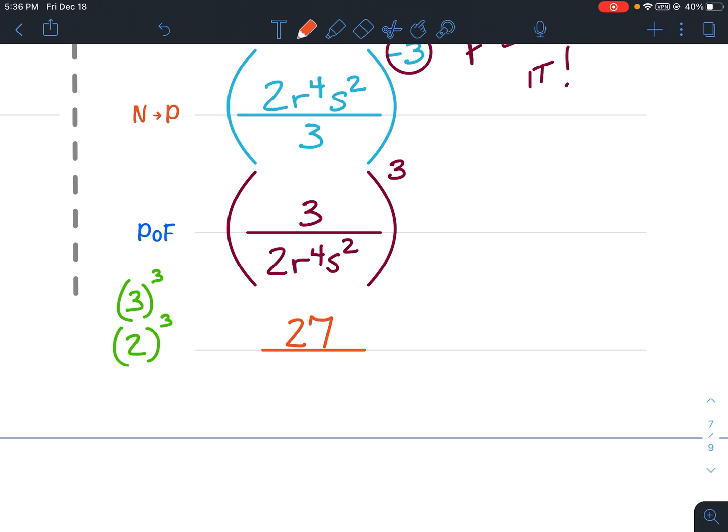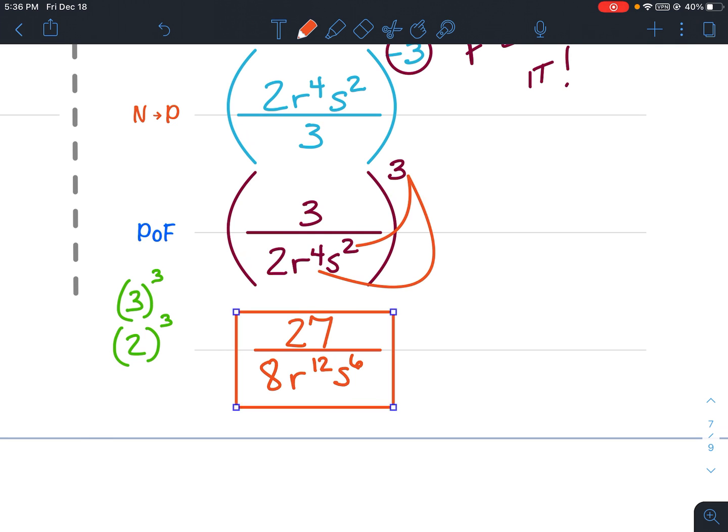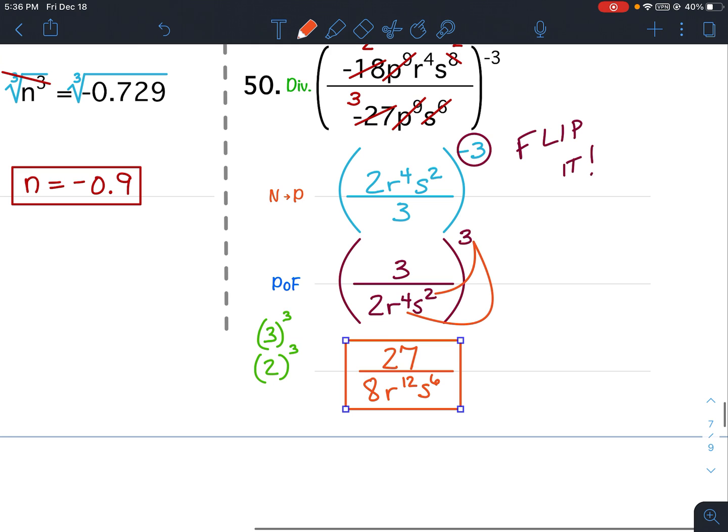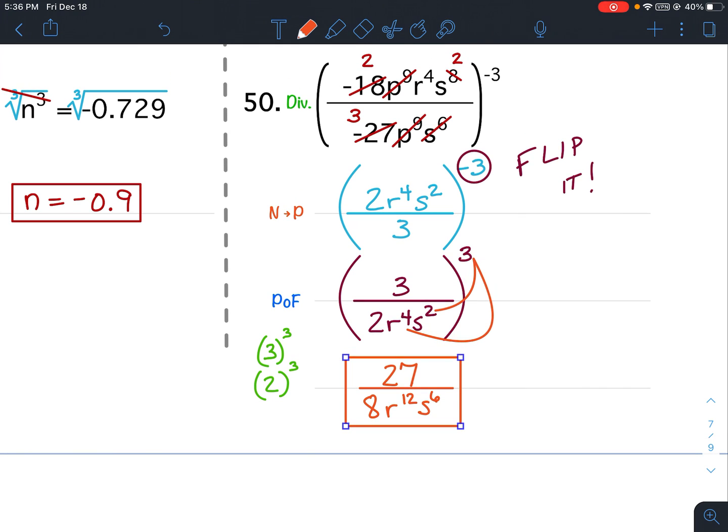In the denominator, I have 8. And now I need to multiply these exponents. So that would be r to the 12th and s to the 6th. Pause your video, make sure you have all of that written down.